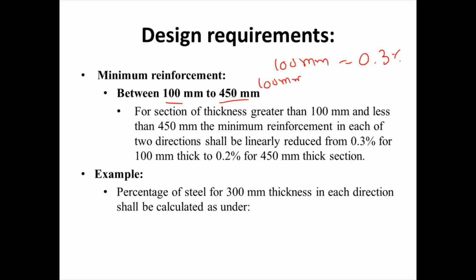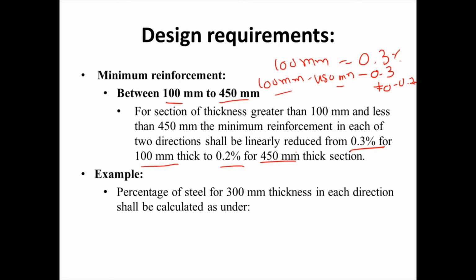Second, between 100 mm and 450 mm, the percentage of steel required is 0.3 to 0.2 percent. Look here: 0.3 for the 100 mm thick wall and 0.2 for the 450 mm thick wall.